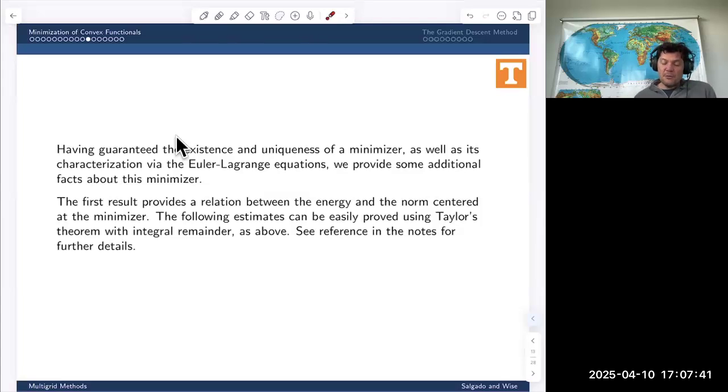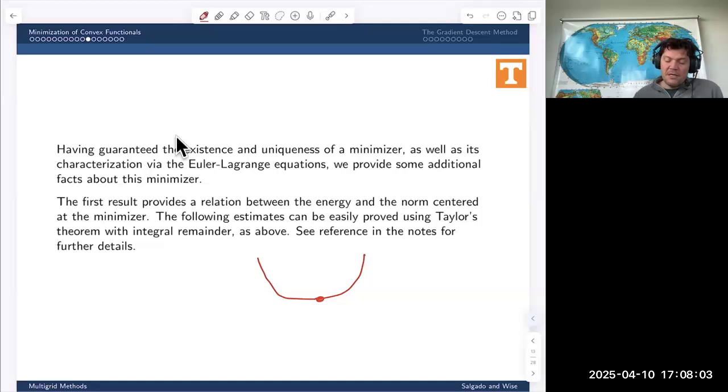This is precisely equivalent to saying that if you find the place where the derivative is equal to 0, then that characterizes the minimizer. That's exactly the same as what the Euler-Lagrange equation is saying. It's just saying it in a much more complicated fashion.